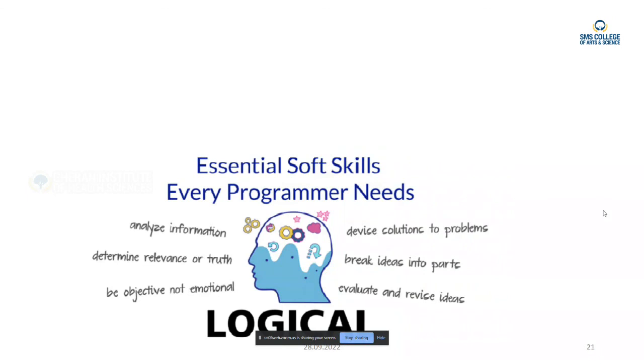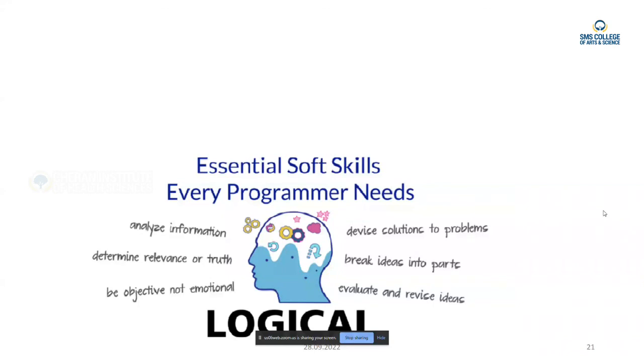In addition to that, analyze the information, determine the relevance, and make the objectives. That objective should not be in an emotional way, it should be in a critical way. And if you want to get a solution, you can keep going towards the objectives.